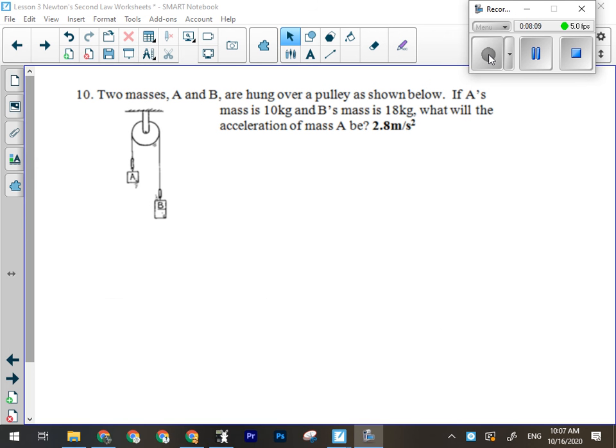Okay, so we got a request here for number 10. Okay, it's another system question. So we've got these two masses hanging over a vertical pulley. A's mass is 10 kilograms, which means the force of gravity acting on A is 98.1 newtons. B's mass is 18 kilograms.